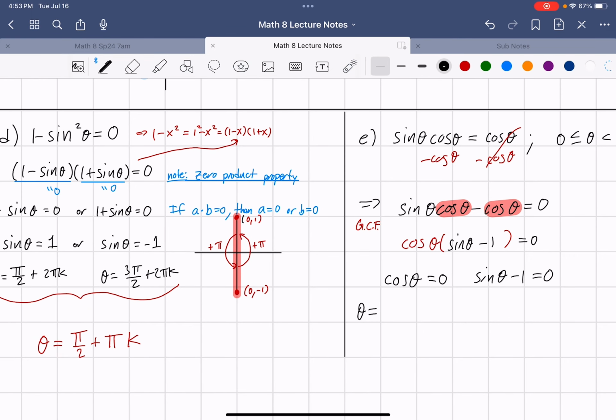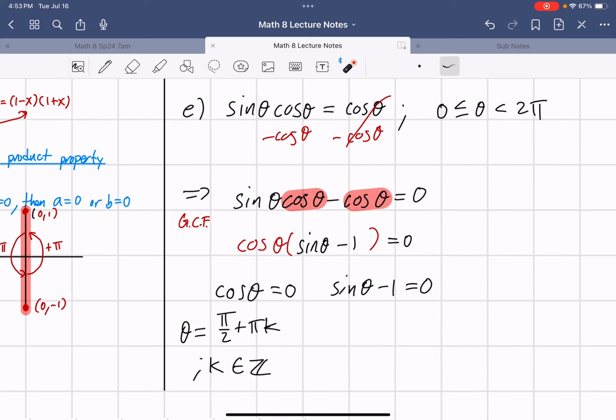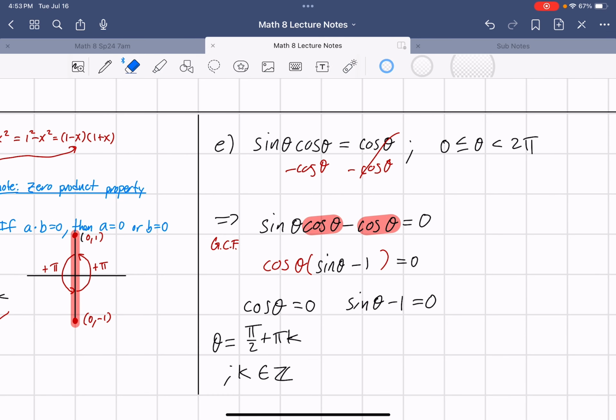So that means I can just write instead pi over 2 plus pi k, where k is an element of the integers. And that allows for this general solution. And actually, I'm getting carried away. I don't need all of this.